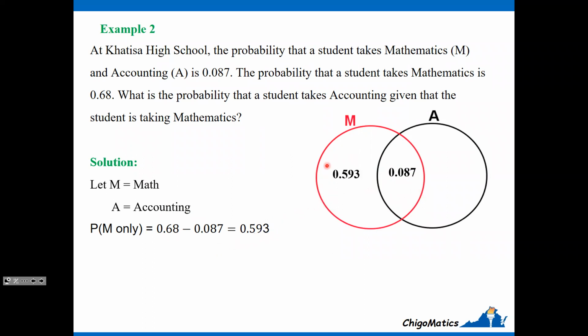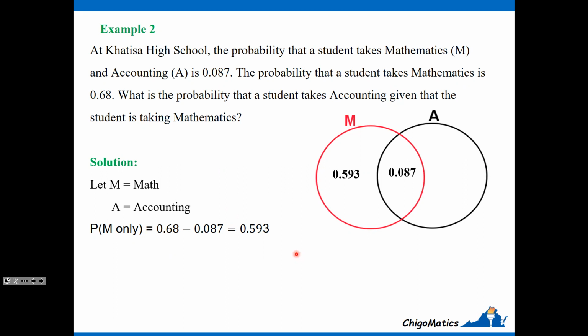Then that is what occupies there. So that if we add these two, you still get 0.68, right? It's a way of trying to make sure that you understand the terms representing the information that you are given. It will help you understand the problem.